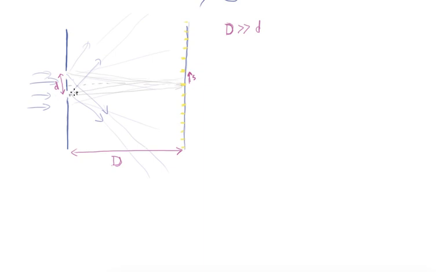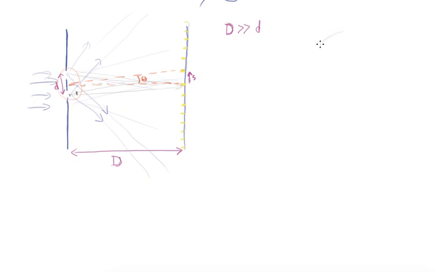So if we look at this, here's our central line, and then we have a line going up, so this will be our little dotted line that goes to this first maximum there. And this angle in there we're going to call theta. Then we're going to zoom in right here on this little spot.